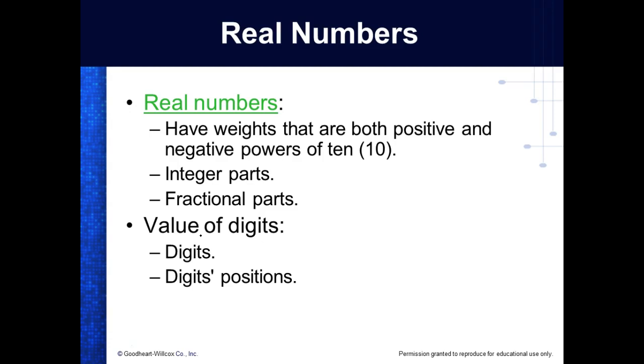Now, when we get into PLCs, real numbers, Allen-Bradley, which is the PLC we're using, calls them floating point numbers. And what do we mean by a floating point number? So when I deal with money, a fixed point, so if I go out there and look at a cash register, it's what we call a fixed point number.